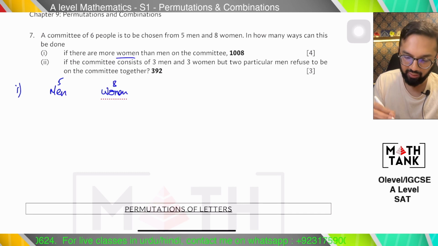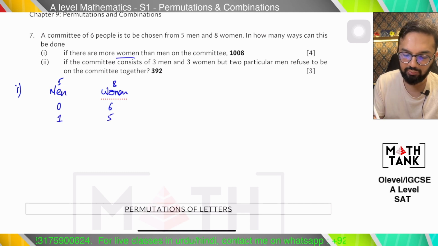More women than men. So 6 and 0, 5 and 1, 4 and 2, and 3 and 3 can't be possible.